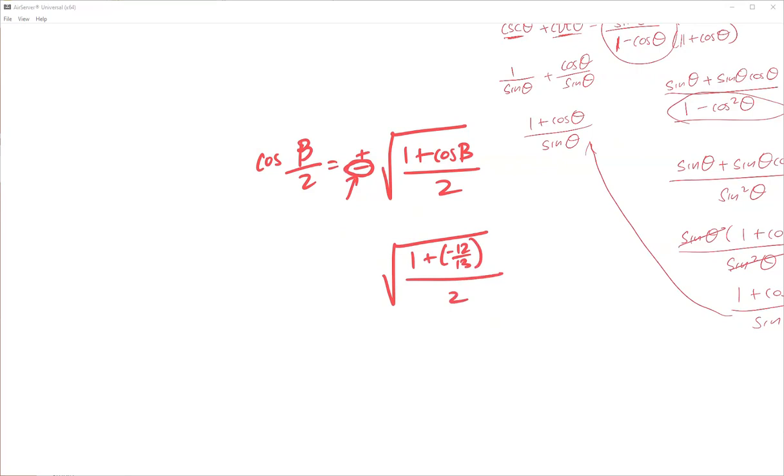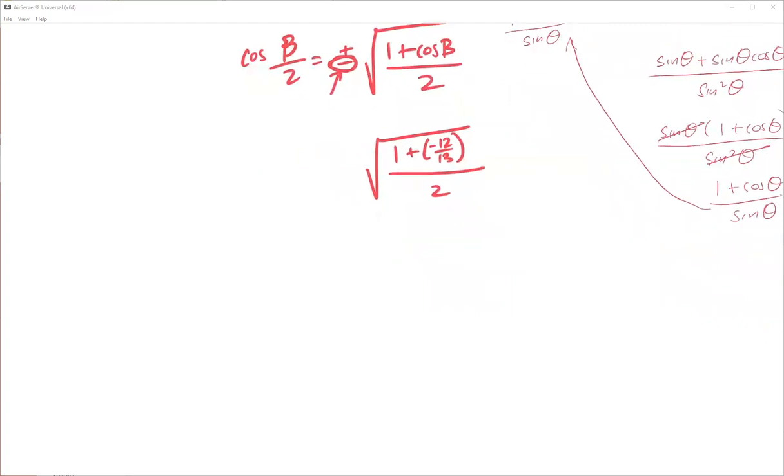Right? So then this equals 13 over 13 minus 12 over 13. So this equals 1 over 13, over 2.